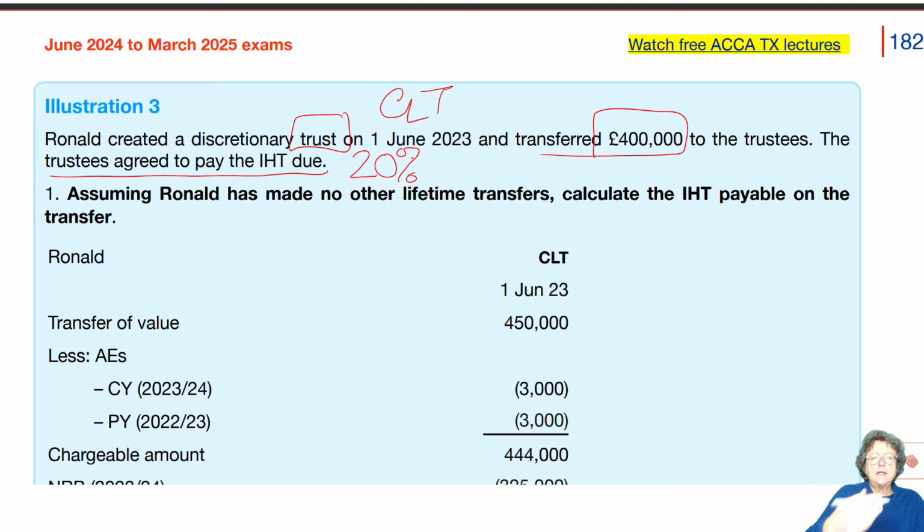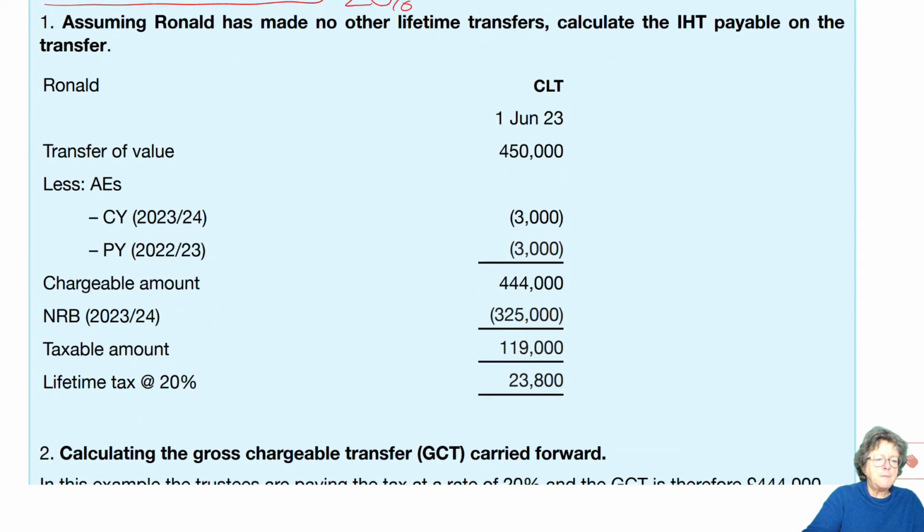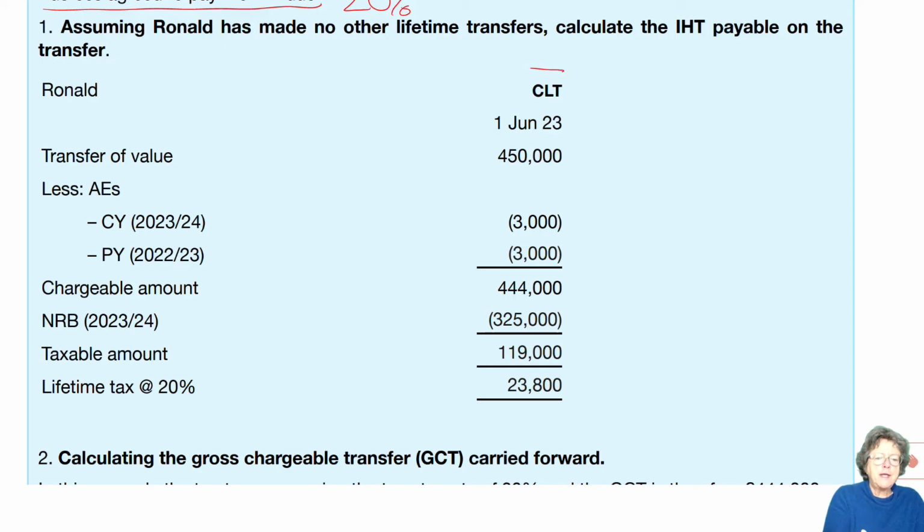When you do your calculations with IHT, you need to keep going back to the question to make sure that you've got that right, because they will give you 2 alternatives, at least in a big question. So you need to make sure you've done that correctly. Okay, so do you remember when I said the pro forma must have what it is and the date that it took place.